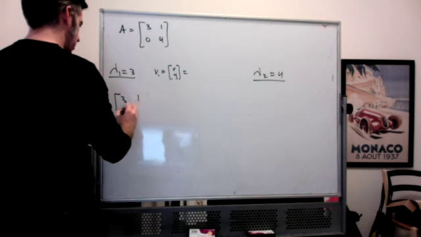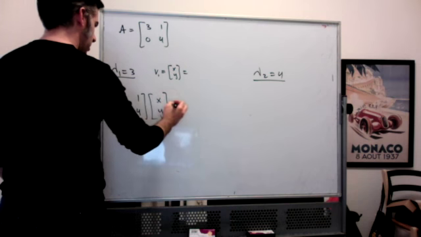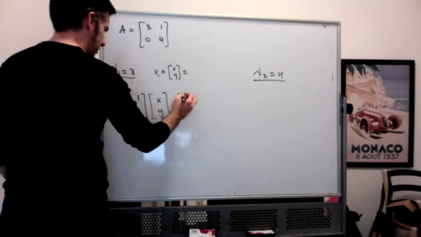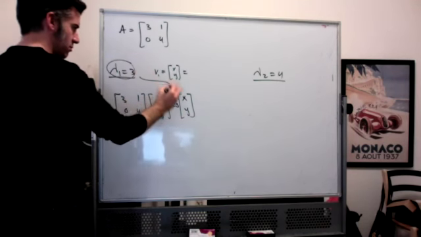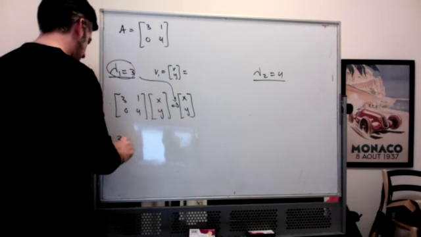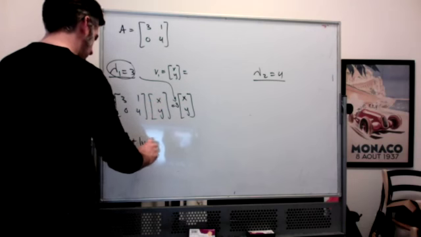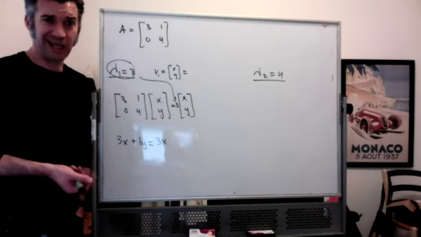So 3, 1, 0, 4 times the eigenvector xy equals 3 times xy. Okay, so let's multiply out the top row. So 3x plus 1y equals 3x. Okay, so what am I going to get?